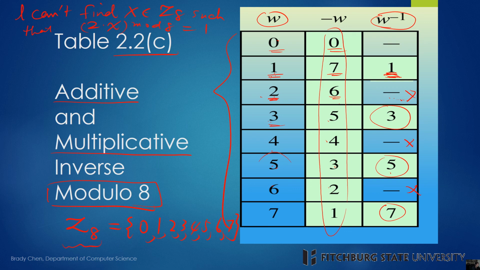If we talk about any other set like Z10, Z20, Z100, that's not always the case. The multiplicative inverse modulo n is not necessarily the same as the number itself. Okay, so that's the accident. 0, 1, 1, 3, 3, 5, 5, 7, 7. That's an accident.